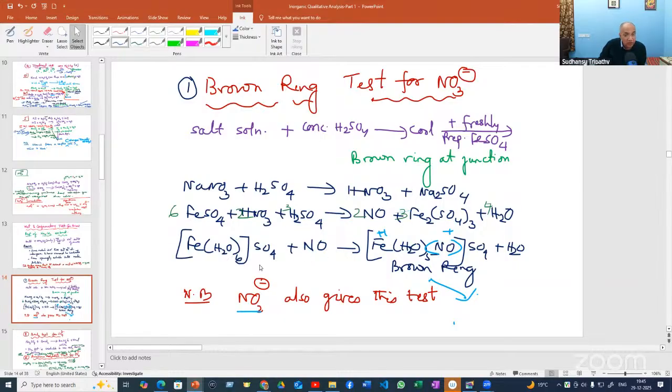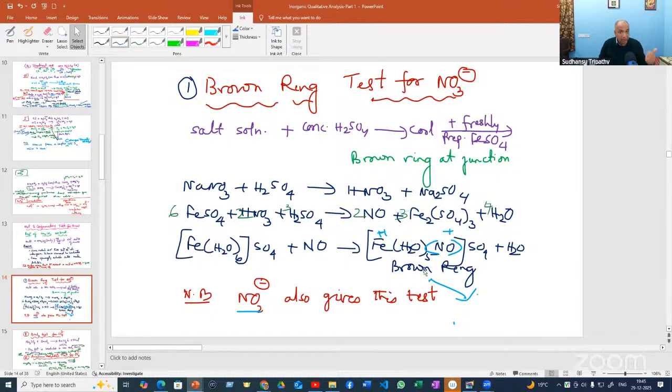So ferrous sulfate is used as a reductant to reduce nitric acid to NO, and that NO along with water, because ferrous sulfate always remains as hexa-aqua complex. So there is a ligand displacement reaction. One aqua ligand is replaced by NO. So the brown ring is nothing but penta-aqua nitrosonium. Previously, it was thought that it is a neutral nitrosyl ligand and iron is in the +2 state like ferrous sulfate.